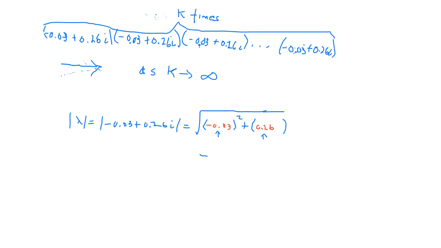Remember, this is the second eigenvalue here. But the first eigenvalue, which was 1.01, the modulus of 1.01 is, well, 1.01 is the same as 1.01 plus 0 times i, right?